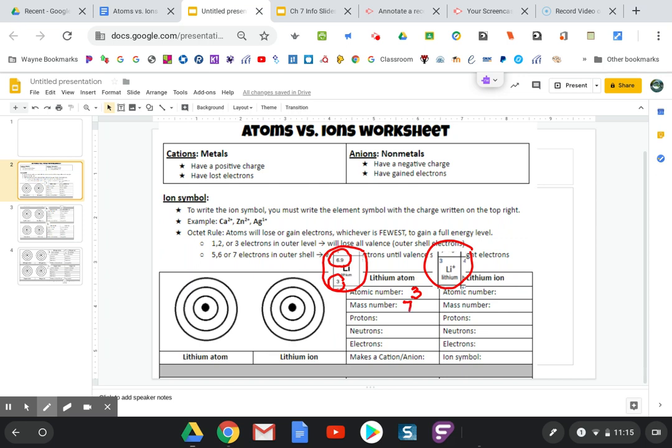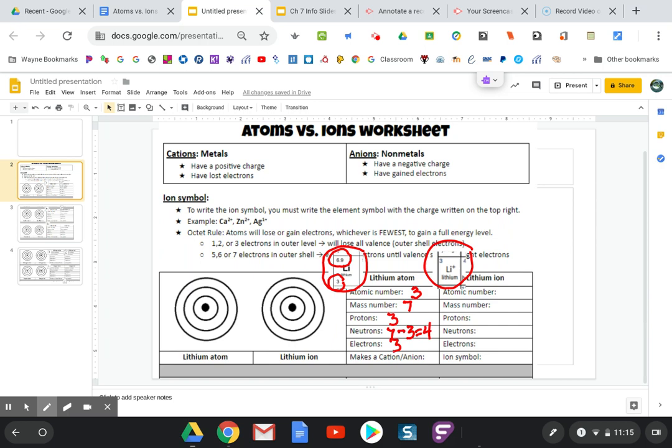And we learned first semester that the atomic number is the same as the protons, and the neutrons we get from taking the mass number, 7, minus the number of protons, so the neutrons are going to be 4. And for atoms, the electrons are the same as the protons, so we're going to have 3.